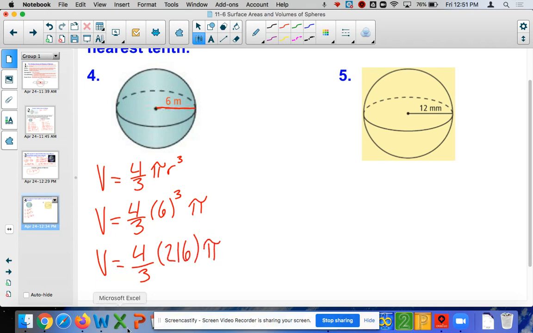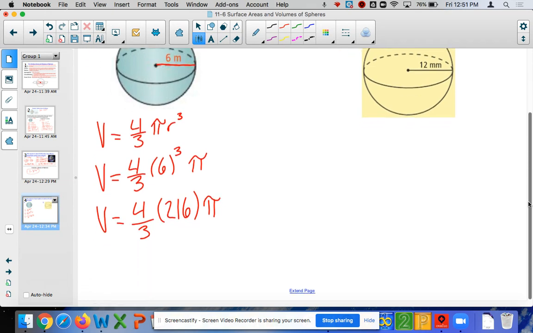Here's how I would go about plugging this into your calculator, because you might be concerned about that 4/3. This is what I would do. I'm going to write it up here. Take 216, multiply it by 4, and then you get an answer. And then you divide it by 3, and that'll get you the answer in terms of pi. And what I got is 288.